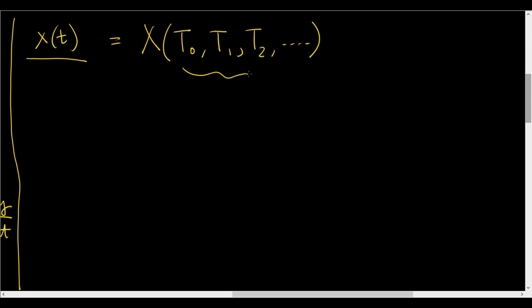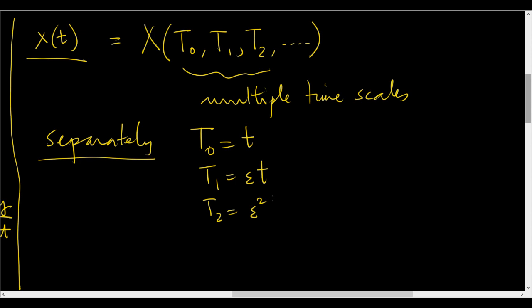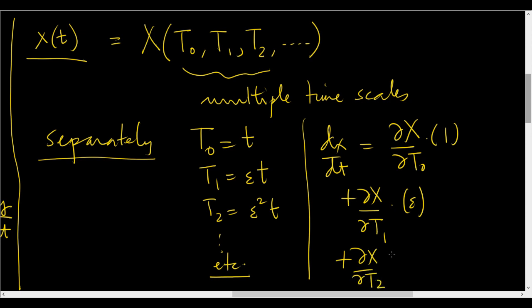These are the multiple time scales, and separately we write, in this case, t0 equals t, t1 equals epsilon t, t2 equals epsilon squared t, etc. Then dx dt equals del capital X del t0 times 1 plus del capital X del t1 times epsilon plus del capital X del t2 times epsilon square plus dot dot dot. Okay, that is how it works.